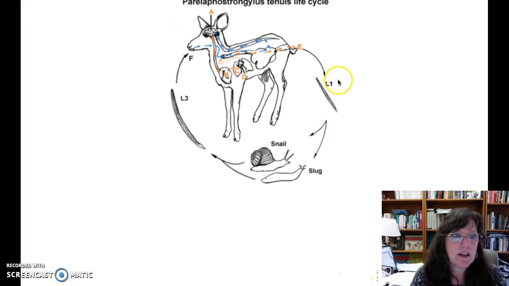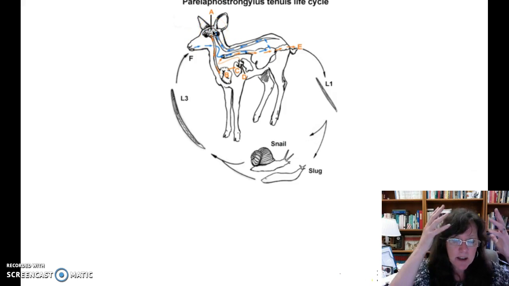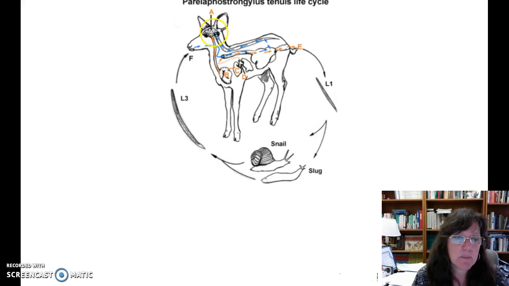So this meningeal worm spends part of its life cycle in snails and slugs that are crawling around in the grass, and then it gets ingested accidentally by the deer. Once it goes into the deer's digestive tract, it finds a nerve ending and follows that nerve ending to the spinal cord, and then works its way up the spinal cord to the brain, and it lives in the meninges, the membranes that cover the brain.